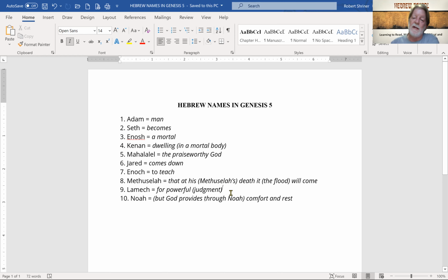But God provides through Noah comfort and rest. So is that cool or what? Now, you may say I'm kind of manipulating the definitions of the meanings of those names, but I don't think so. I think this is an example of a sod, a hidden meaning. So all those seemingly meaningless names that we read in Genesis chapter 5 may have some significant meaning after all.